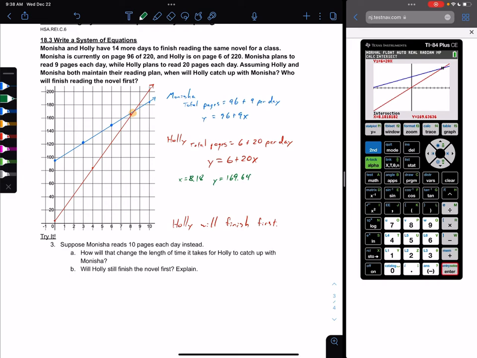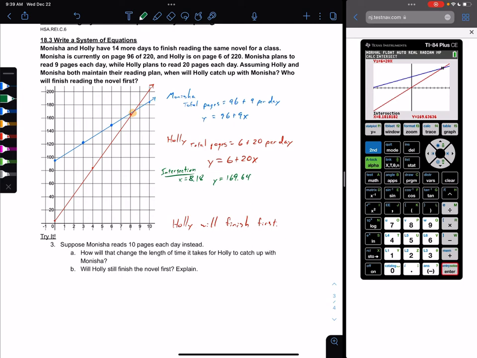So that's our intersection. The solution is going to be somewhere in the 8-day range, like we kind of said based on our table. So although not perfectly accurate, our graph is pretty close. It does give us a good idea of when they meet up, or when Holly catches up to Monisha.